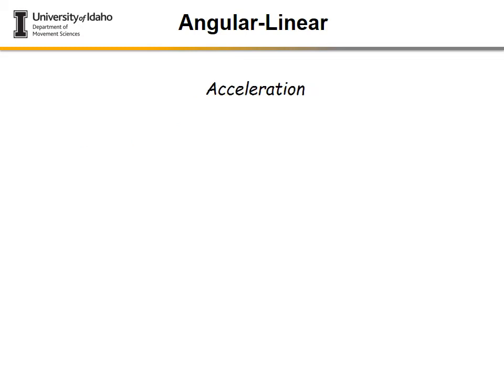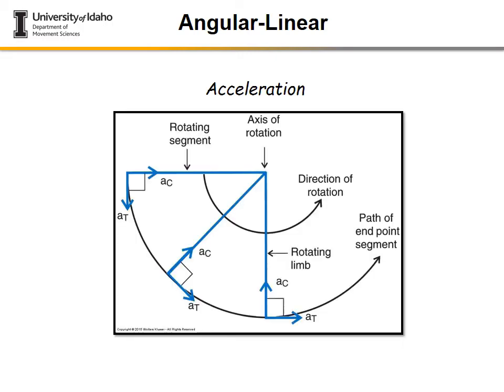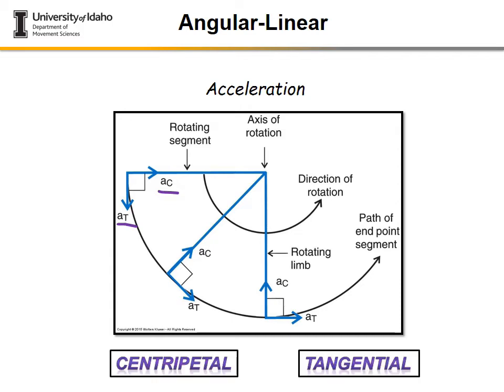Now, as we did before, going from position to velocity, now we have acceleration. And acceleration is a little bit more complicated because there are two components. There is the tangential acceleration, but there's also something called centripetal or radial acceleration.